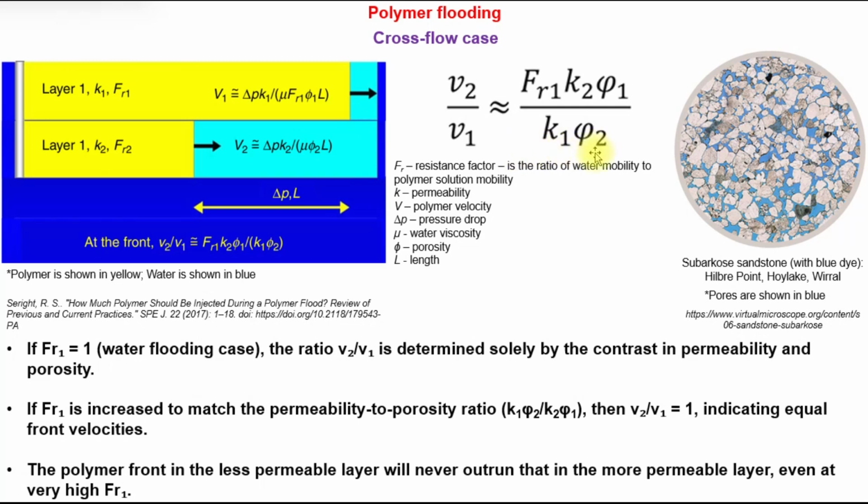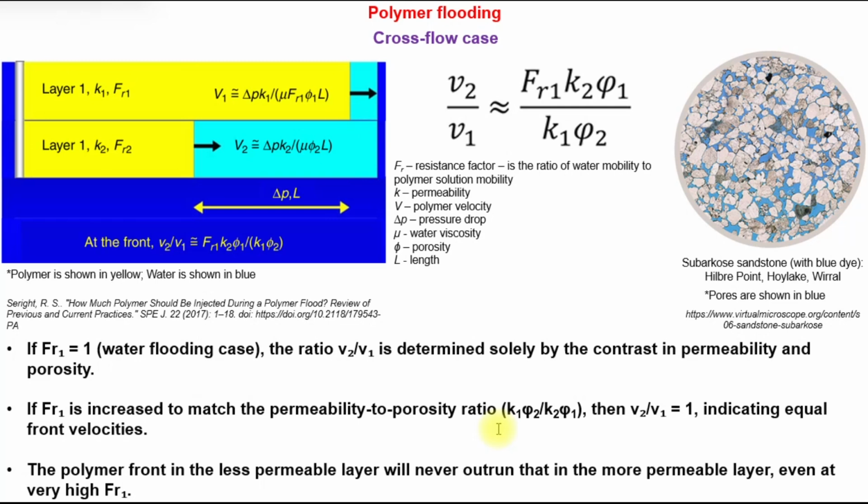Obviously, we want this ratio to be equal to unity. To do that, we need to increase the resistance factor by adding more polymer to the water, which increases viscosity and further reduces mobility.